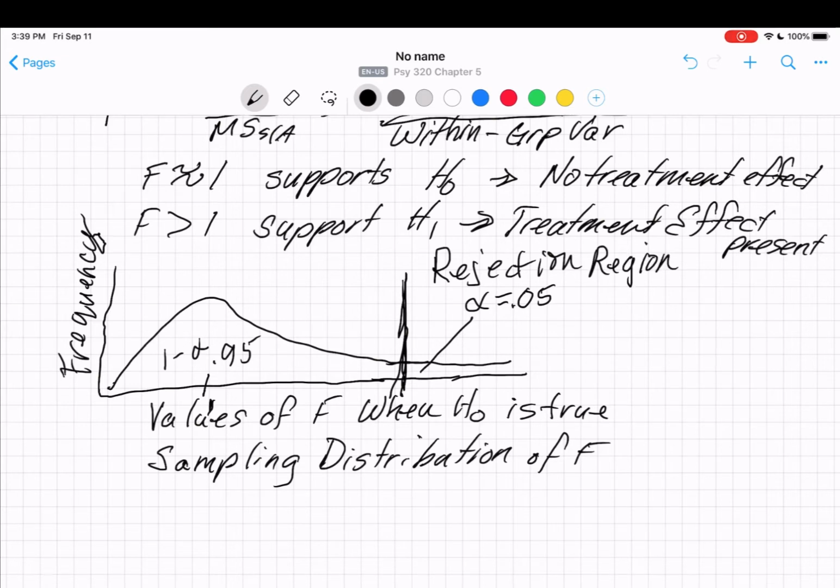And if our F statistic is bigger than this line, this is where we would reject the null hypothesis. And if our F statistic is smaller than that, it falls into this region of non-rejection.